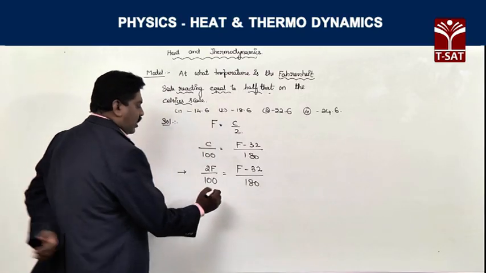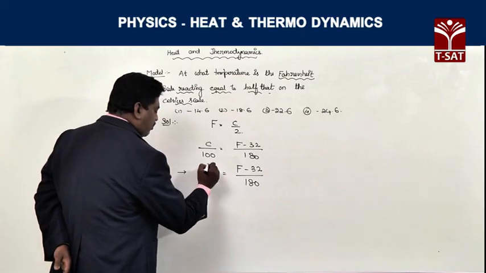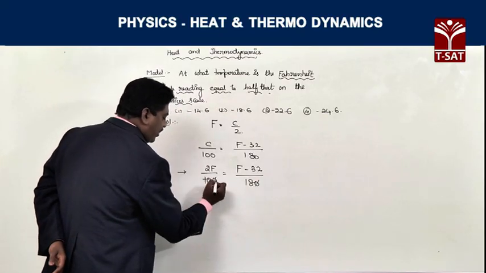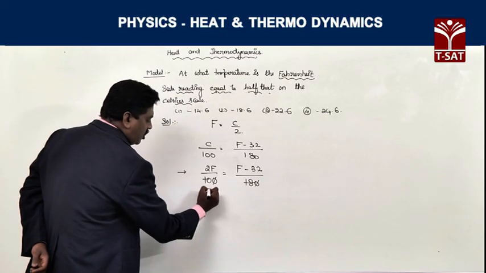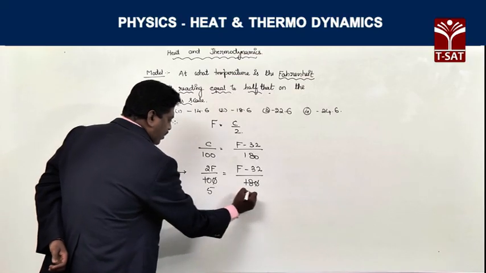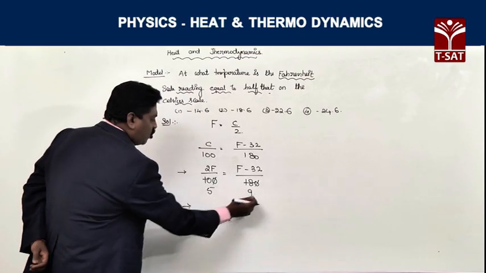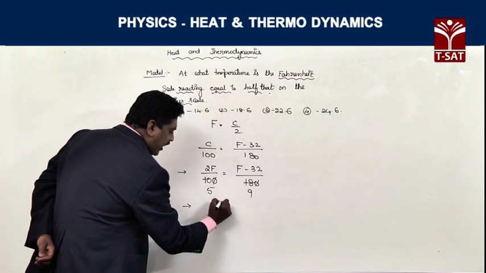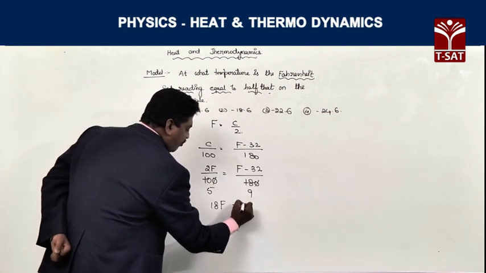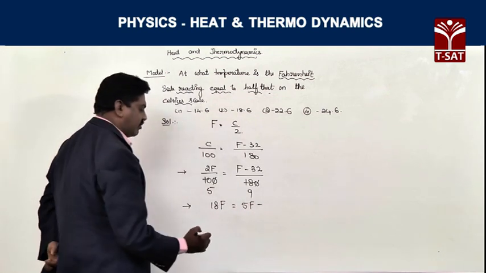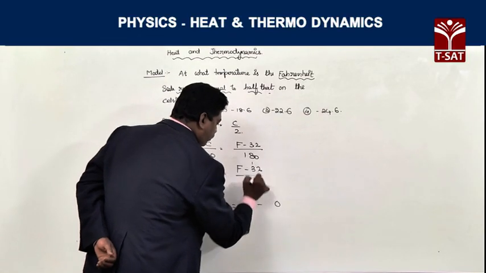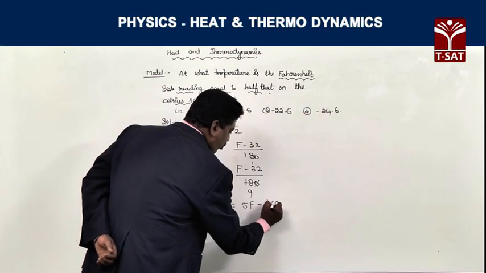Now, the zeros get cancelled off, and we get 2 5s and 2 9s, and we cross multiply. 18F is equal to 5F minus 160.